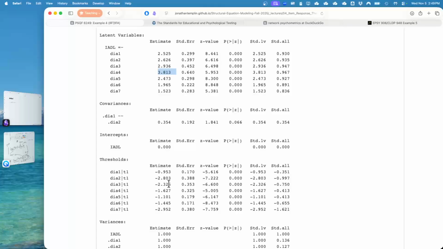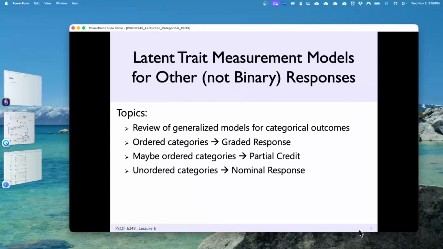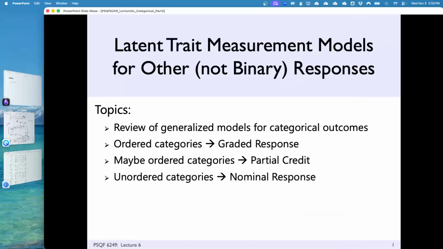Okay. Now what we're going to do is talk about what happens when the data have more than one category. And for that, I have another lecture, used with permission from Lisa Hoffman, of course. I'm only going to talk about one of these models in the interest of time, because that's the one lavaan implements.